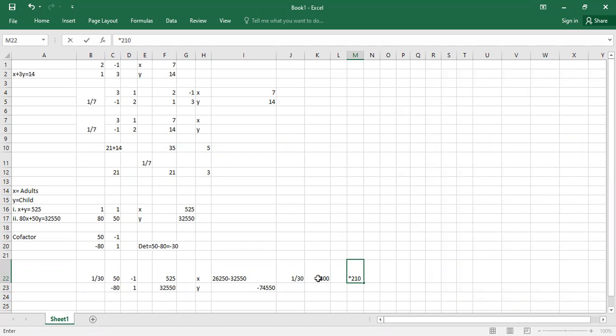It's not negative. Our determinant had a negative 30, so our answer is a positive. You cannot sell negative cards. Now we are looking at the number of cards. So that's our x. So adults are 210. Give me the children.